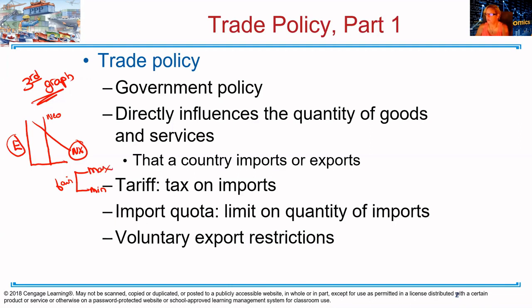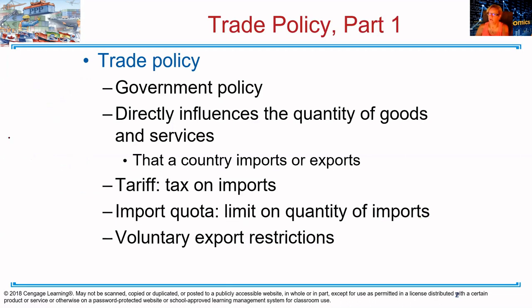An import quota is what we're going to look at here. This is a limit on the amount of imports that you can bring in. So how does that one work? Remember, going back to net exports, exports minus imports.